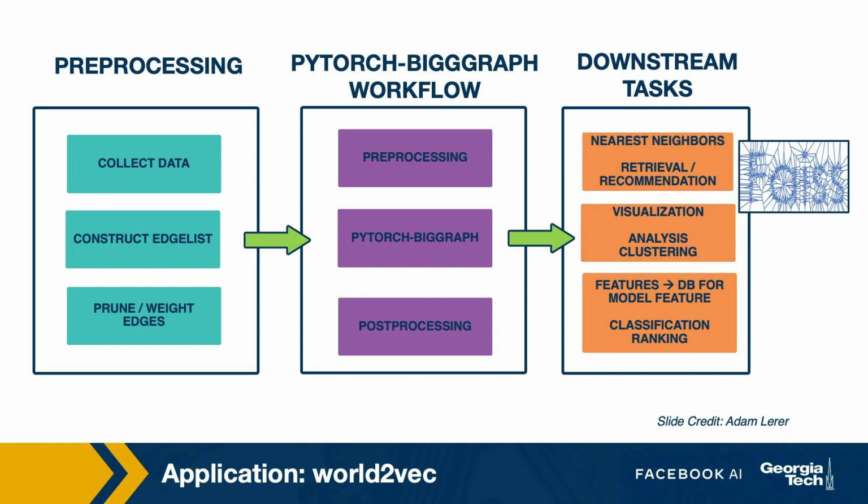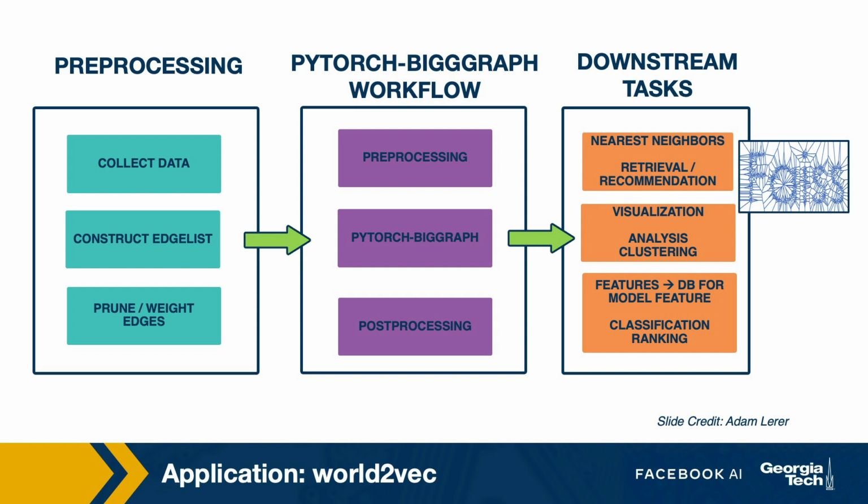We released the platform we used to train World2Vec, which is the PyTorch BigGraph library I mentioned earlier. Now let's go through the overall workflow of training a giant graph embedding model. As the first step, you need to prepare the line graph. That's going to be a list of IDs of the source, destination, and relation types.